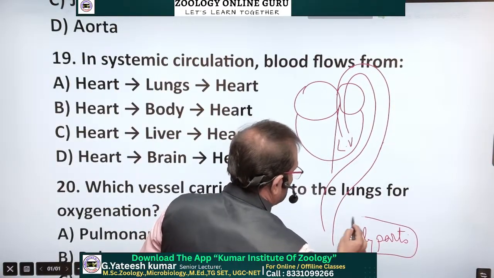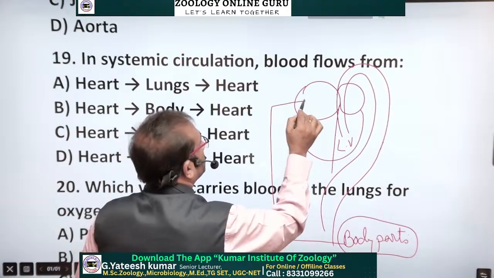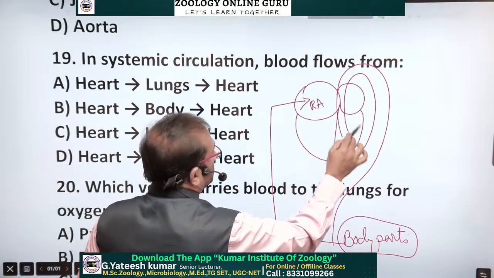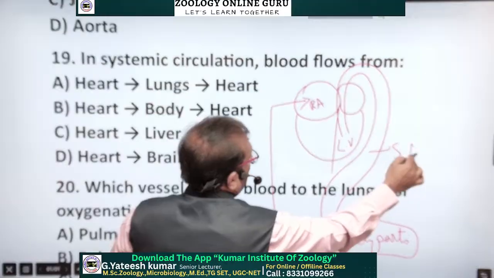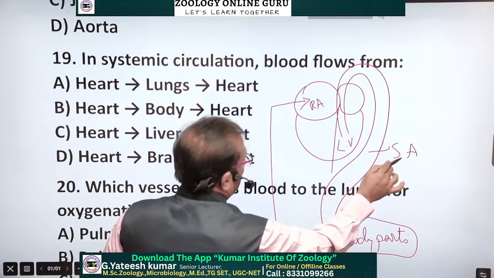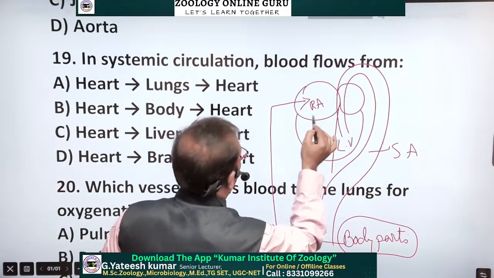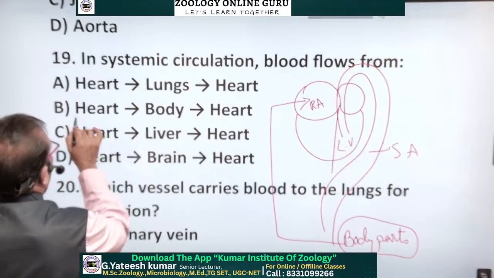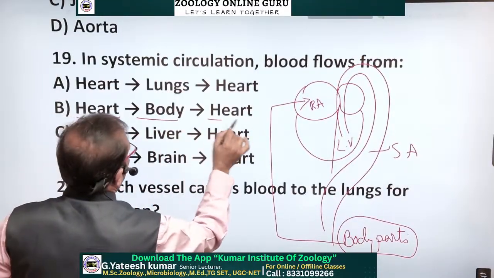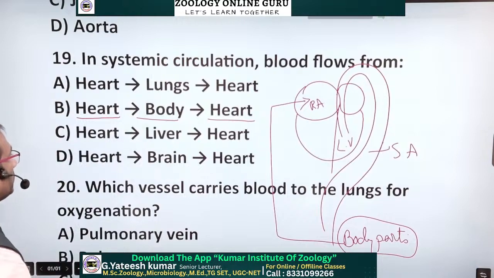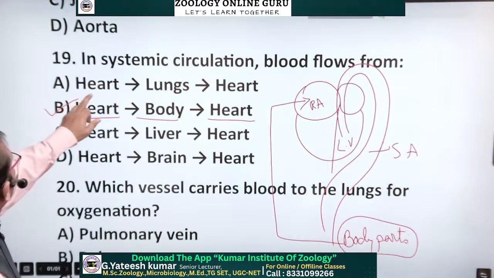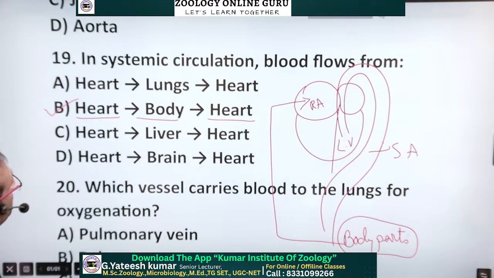From the body parts, the blood transfers to the right atrium. So from the heart to the body parts, then back to the heart. B is the correct answer. Systemic circulation means to the body parts.